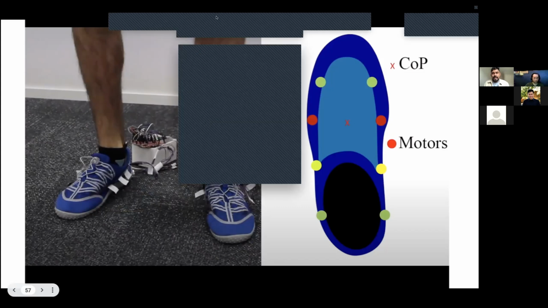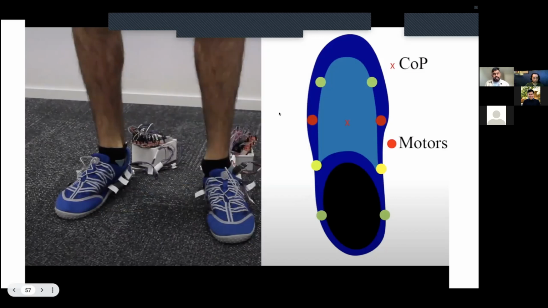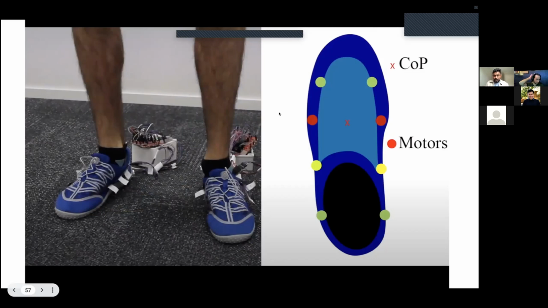Okay, great. So in this interface, we had two systems. One is sensing your pressure profile, and then it calculates the center of pressure by using the pressure profile. And then we had a shoe which had 8 vibrotactile motors attached to the side wall of this shoe.